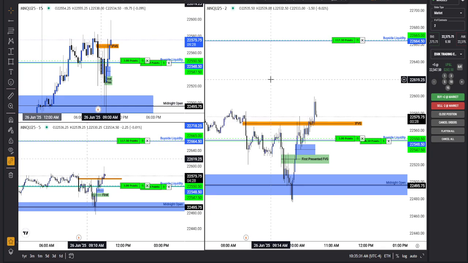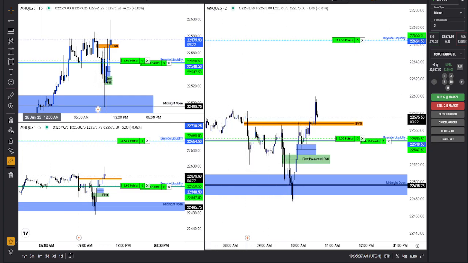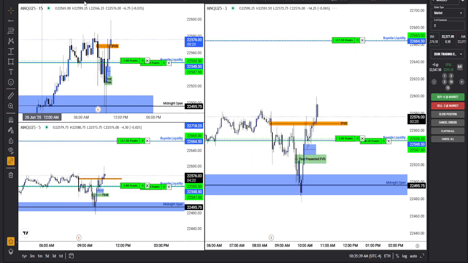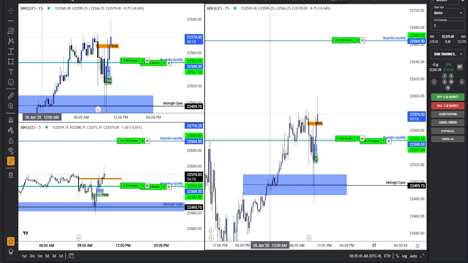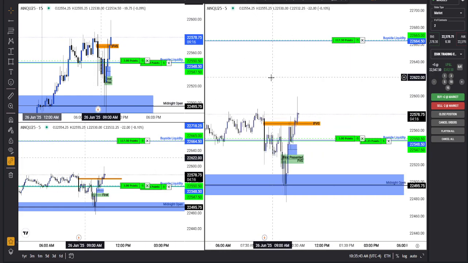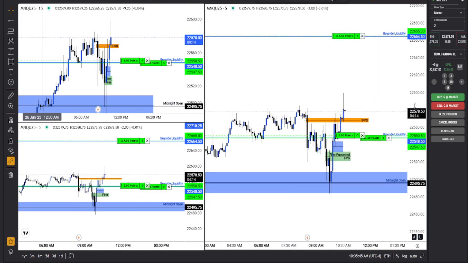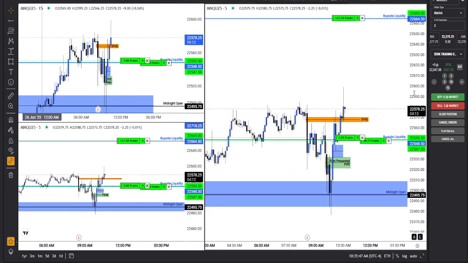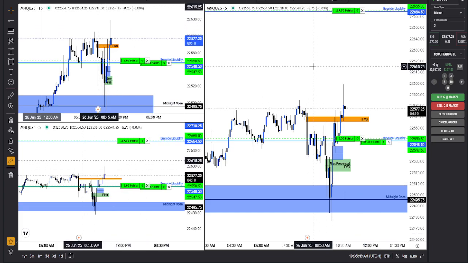Order flow still bullish. I hate trading at all-time highs, man. I'm telling you, I don't like it one bit, because I could close the trade and just take my win and be done for the day. But we just gotta be patient. I want to watch the 5-minute chart right now and see what's going on.